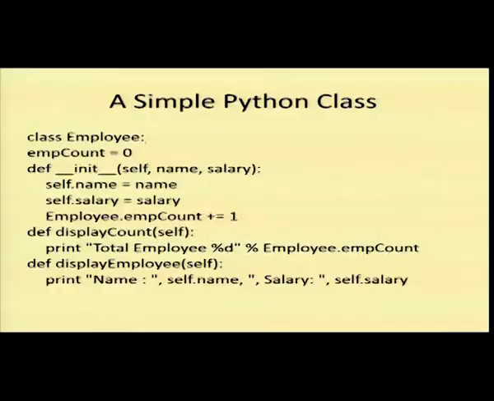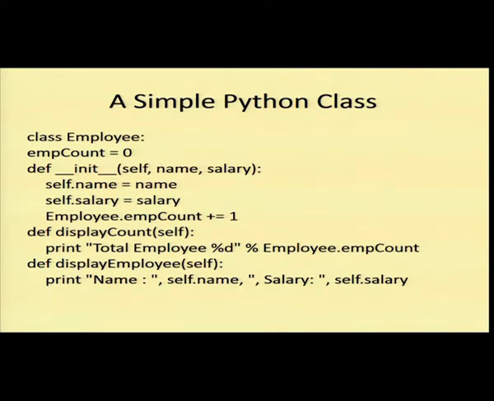Now, class employee colon, emp count, that is the employee count, equal to 0. As I said, now you are defining the class, define underscore underscore init underscore underscore, which is initialization, within braces self comma name and salary. What am I going to do in this class?